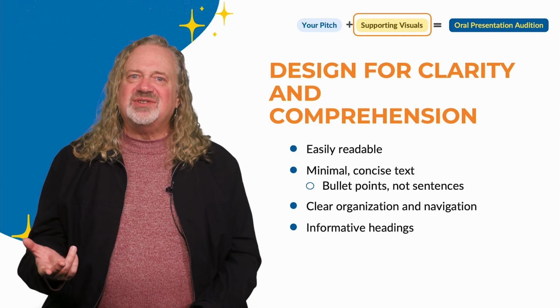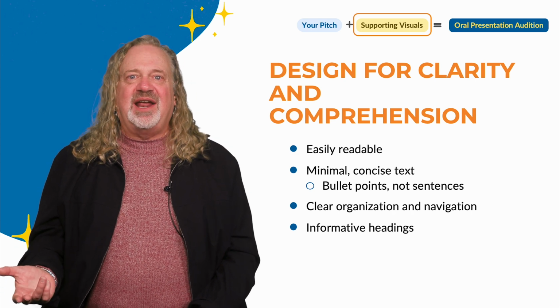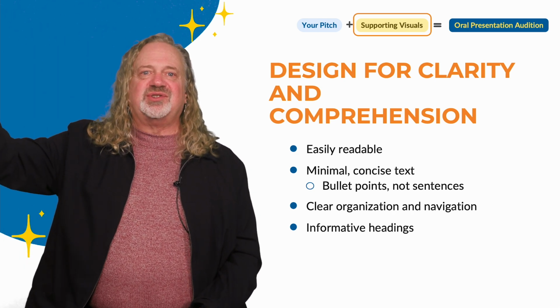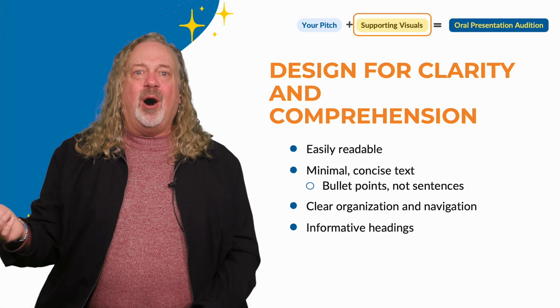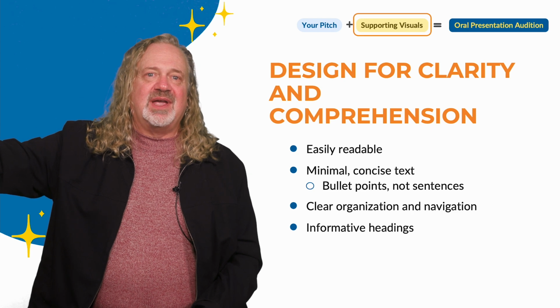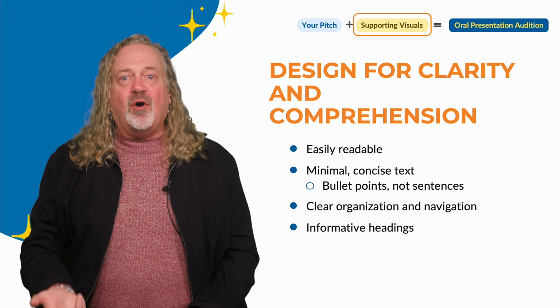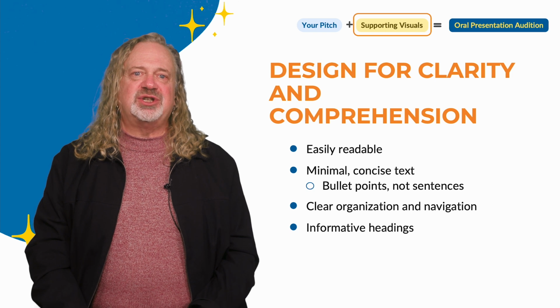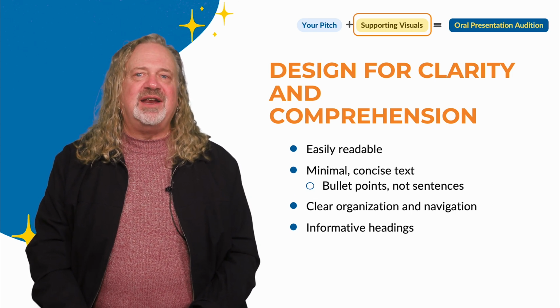You want your headings to say something. A lot of times you'll see slides with a heading that just says results. Rather than saying results, how about a heading that says we found this? Then you don't need a paragraph or a bullet that says we found it. You've already included that information. So think about headings that actually provide information.